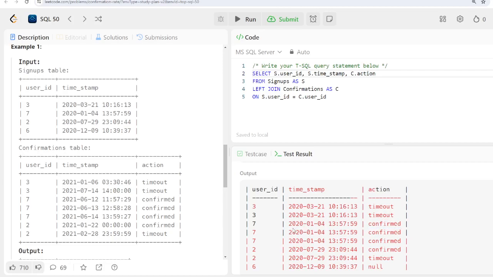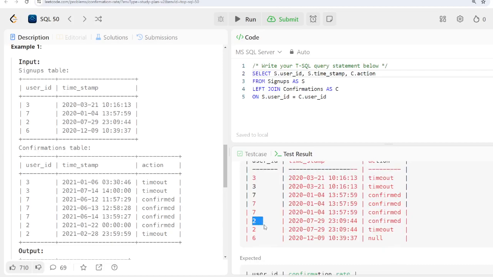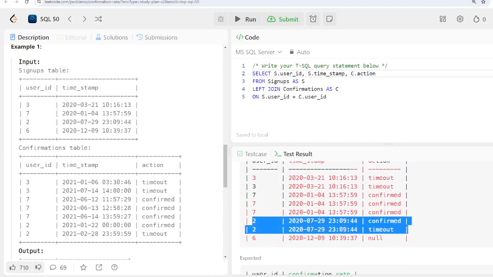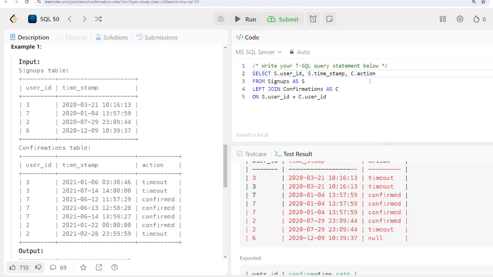So for example here if I say user ID 2, if I do the count of user ID 2 it will be 2, and for confirmed it is 1, and for timeout it will be 0. So I can use the sum here and the sum will be 1, so 1 by 2 it will be 0.5. I hope you understand.